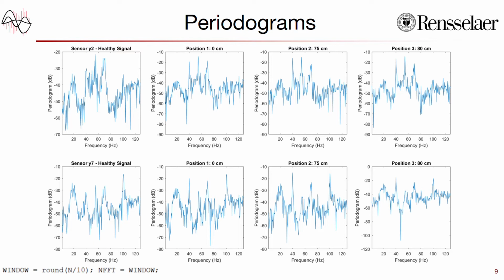The healthy signal seems to have a greater magnitude than the position measurements. And this goes the same for sensor Y7. Again, you can still see that there are some frequencies in here that are worth taking a look at.